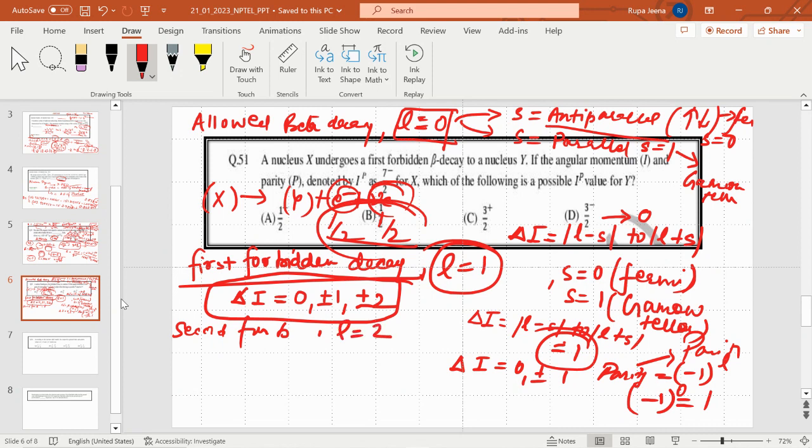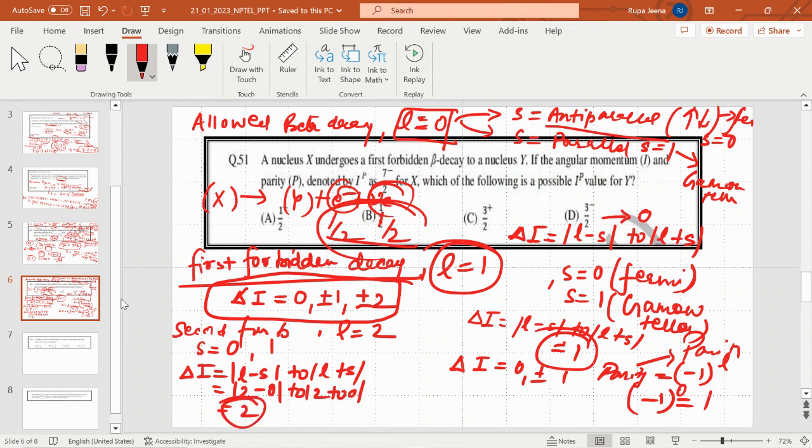L is equal to 2 and S is either 0 or 1. Take the case when S is 0. When S is 0, we have 2 minus 0 to 2 plus 0, so one value, 2, is coming.